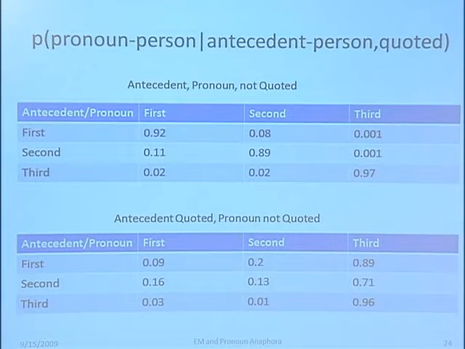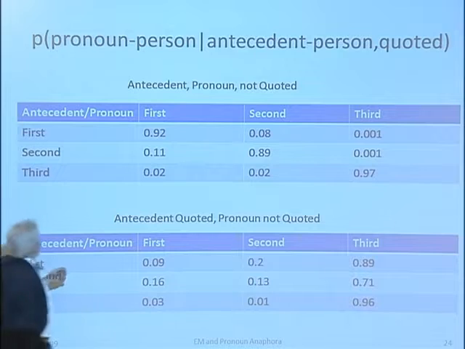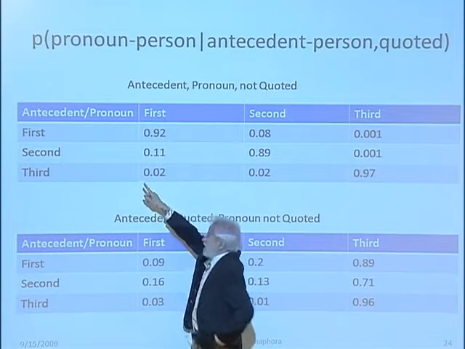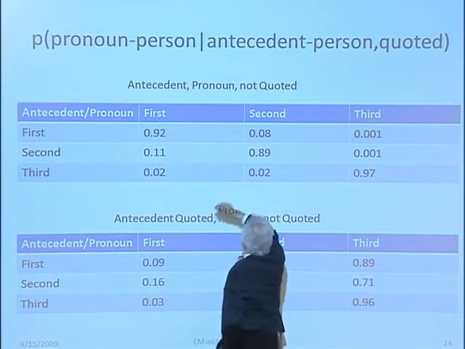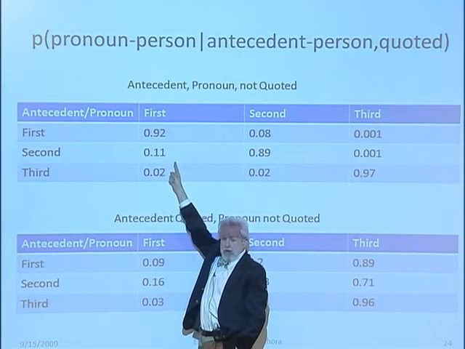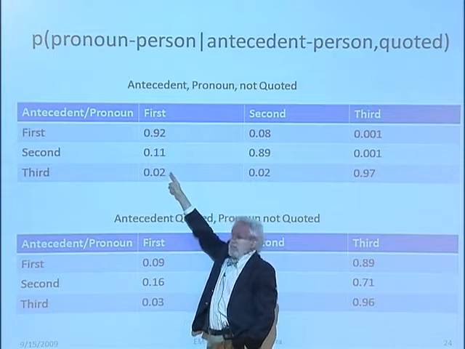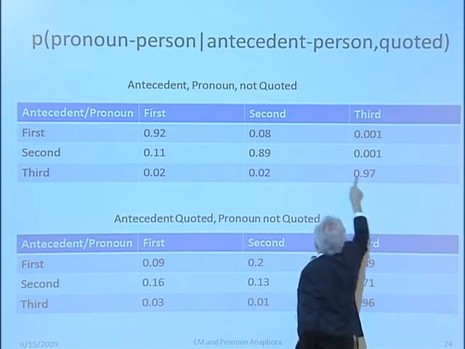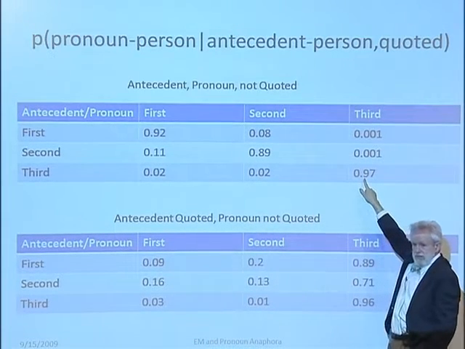Suppose that neither the antecedent nor the pronoun are in a quoted context. Well, then what you see is that if the antecedent is first person, there's a huge chance that the pronoun will be first person. If the antecedent is second, similarly, and if the antecedent is third, similarly.